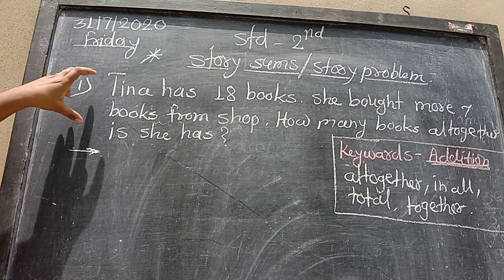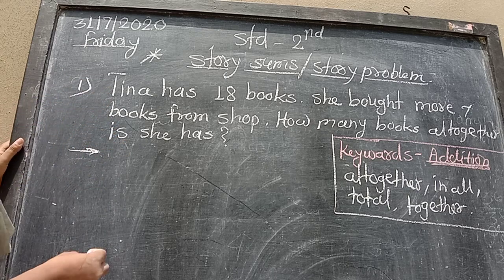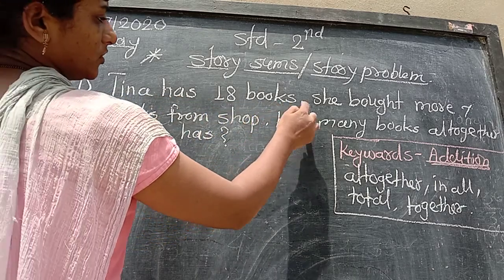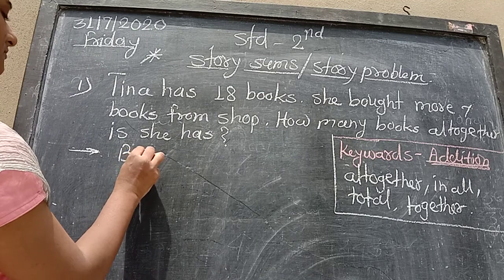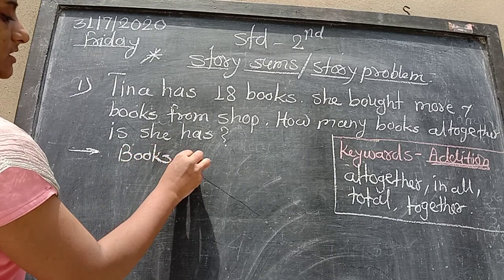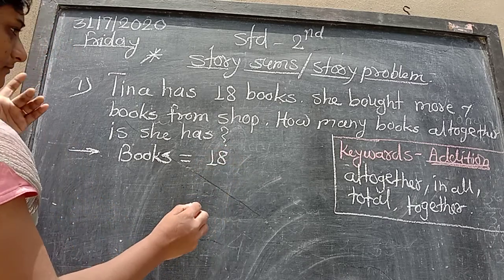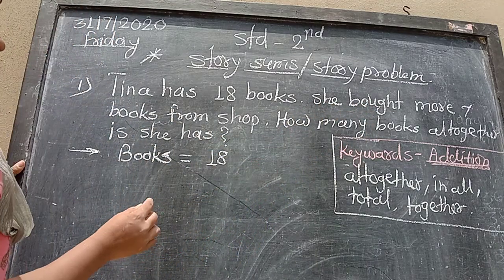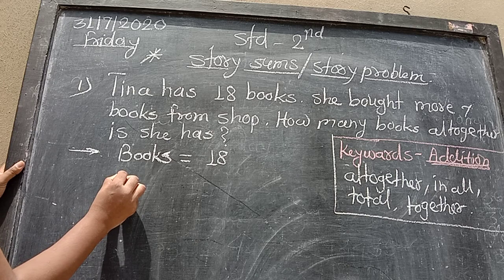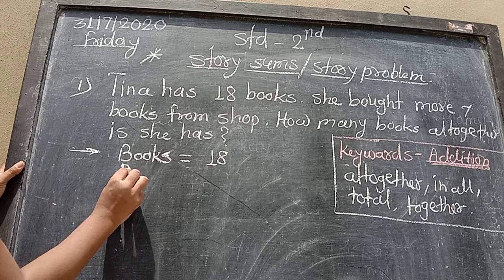First of all, take out the rough data to identify. Tina has 18 books. Write down the rough data. How many books are there? 18. She bought 7 more books from the shop.